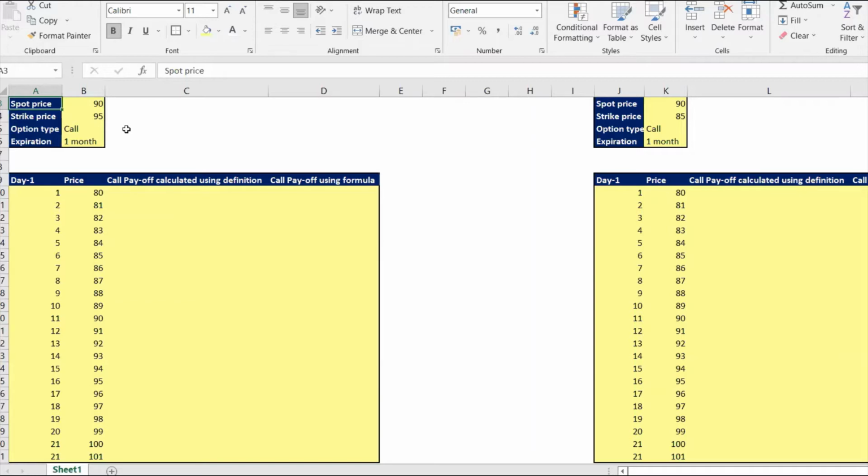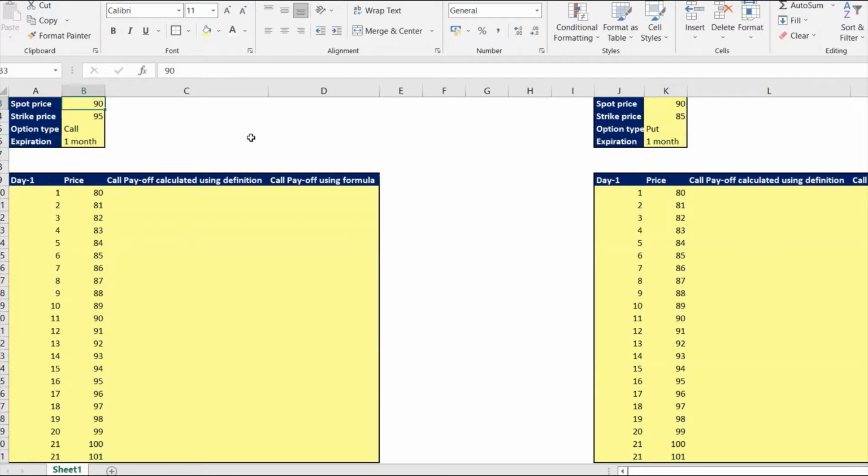The people who buy call options are bullish on the stock price, and people who buy put options are bearish, that is, they feel that the stock price will go down. So if your view on the stock is that the price will go up, then you buy a call option.